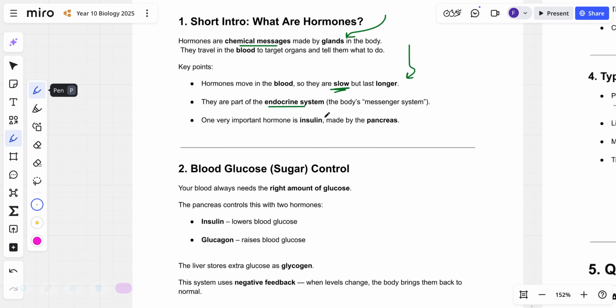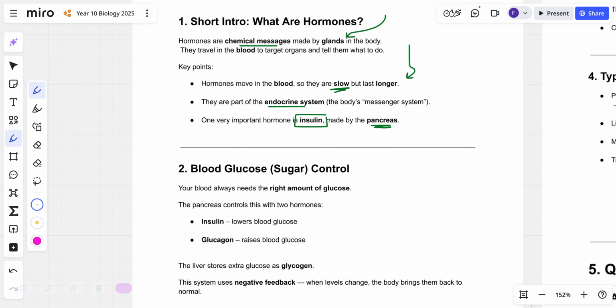Now, insulin, and some of you may have heard of insulin, is made by an organ called the pancreas. The pancreas is found inside you, near your liver. So insulin is made by your pancreas.